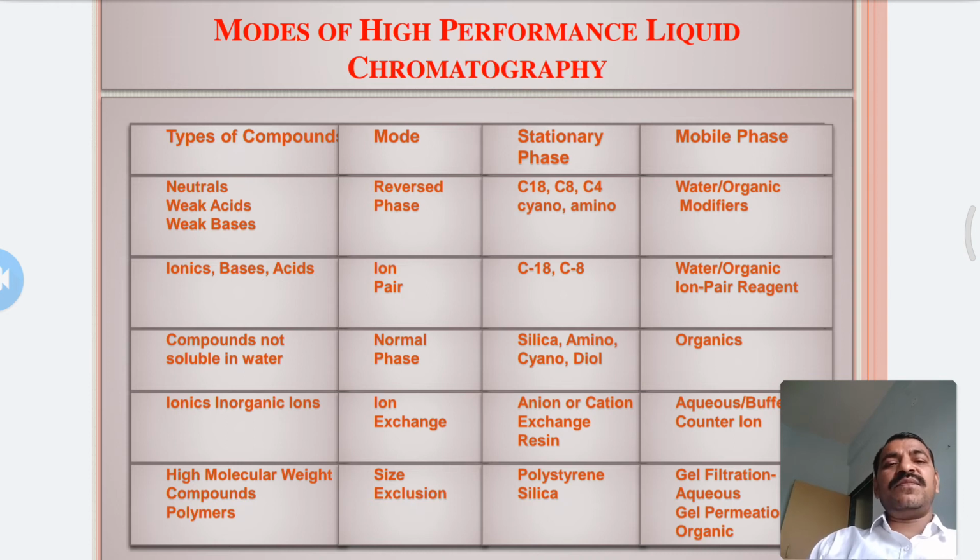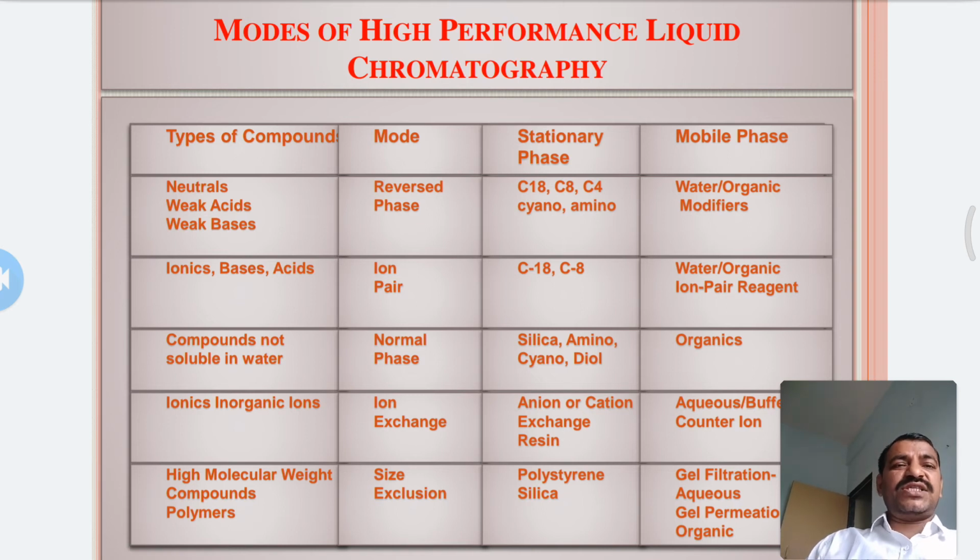For the first type of components, neutral or weak acids or weak bases, our mode is the reverse phase mode of HPLC. We use a stationary phase such as C18, which means silicate-supported alkyl 18 groups. C8 or C4 also depend on the silicate material.